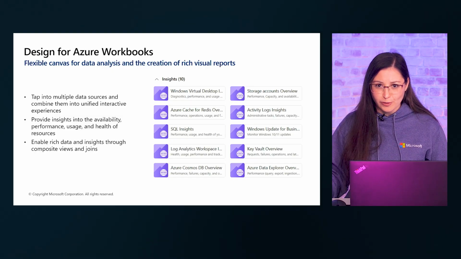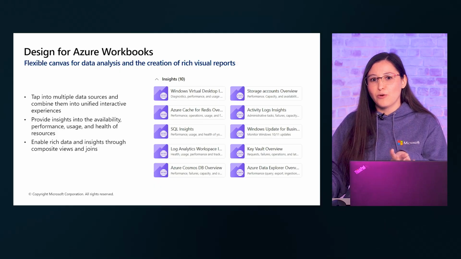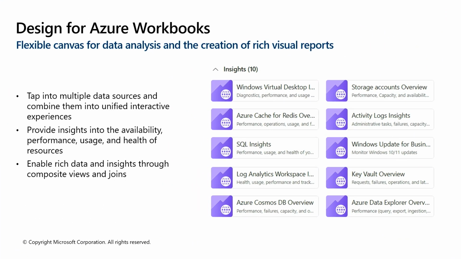Those are really wonderful and can help you get exactly what you need when you need it, get the visual insights right away. Or you can flexibly build your own workbooks to make sure that you have the report that you need for the service that is required, or even on a broader scale to analyze your complete environment with the metrics and logs that matter to you the most. Those will refresh automatically, so you can always keep up-to-date data.